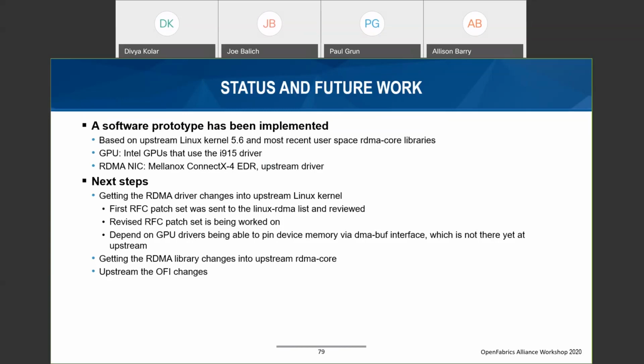We use the Mellanox ConnectX-4 EDR NIC as the RDMA NIC using the upstream driver. We added all the necessary things about the DMA-Buf to the RDMA driver. This has been tested working fine, and we achieved the expected performance.